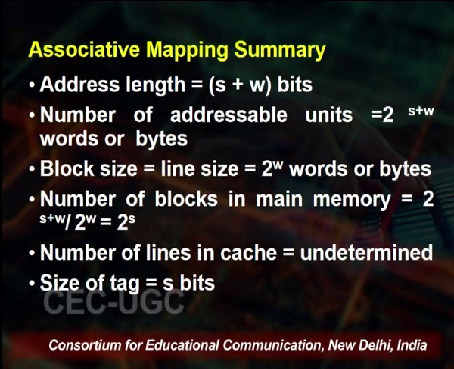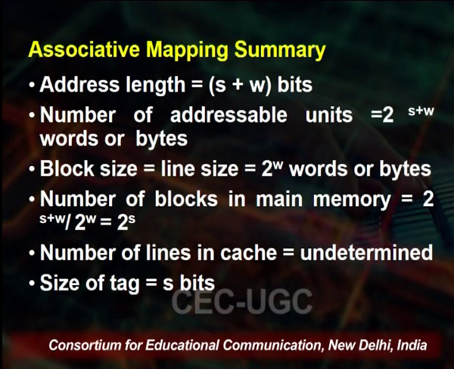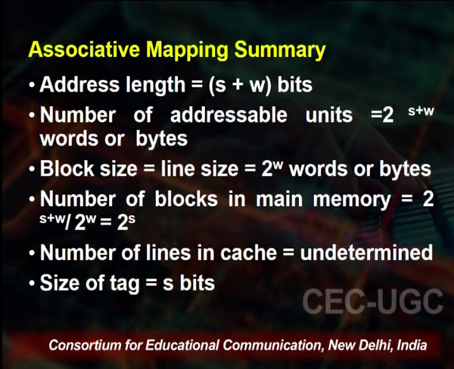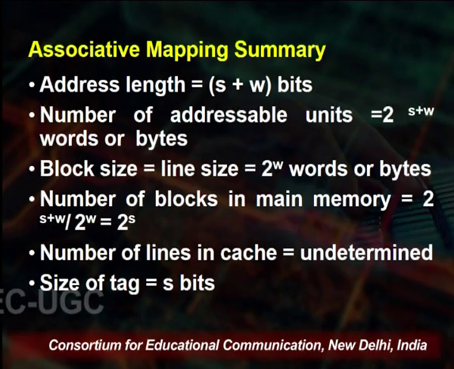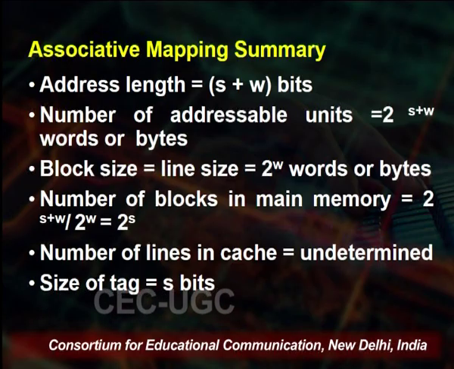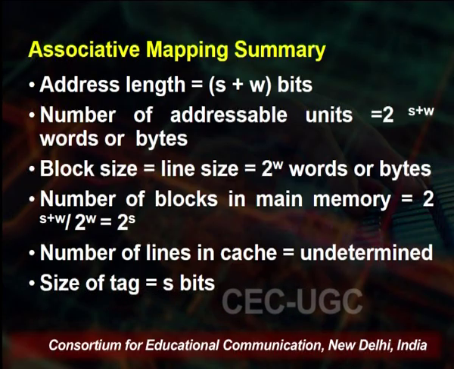The number of blocks in main memory is the number of addressable units divided by the block size, which is 2 to the power s plus w divided by 2 to the power w, giving 2 to the power s. The number of lines in the cache is undetermined because we do not have to map one-on-one, and the size of the tag is s bits, because without these tag bits we will not be able to search for our data.